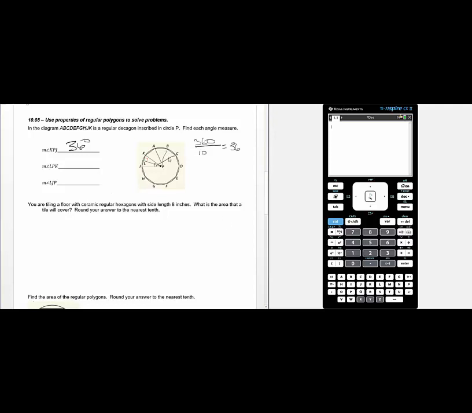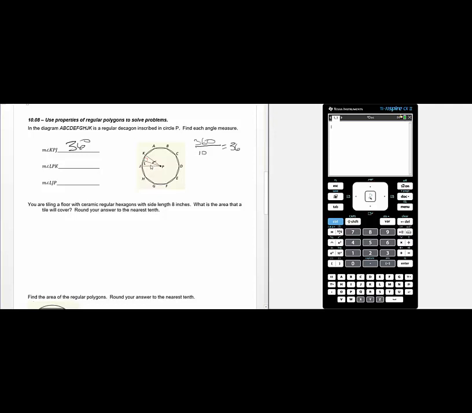Let's see, LPJ, or LPK, excuse me. LPK is this angle. Since I drew in an altitude, or better known as an apothem, from P to L, it's not that hard to show that these two halves have to be congruent using side-angle-side, or hypotenuse-leg, or whatever method you'd like to use.